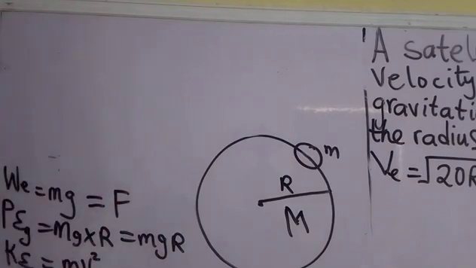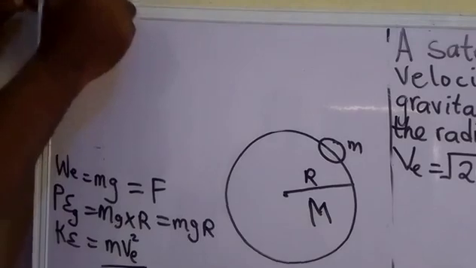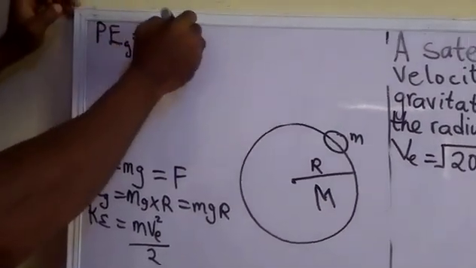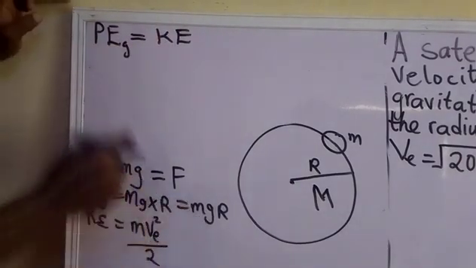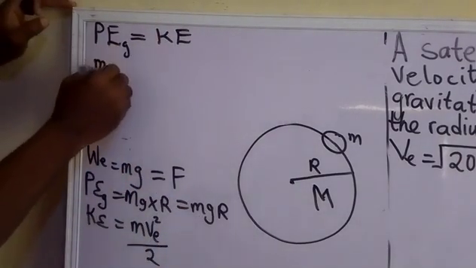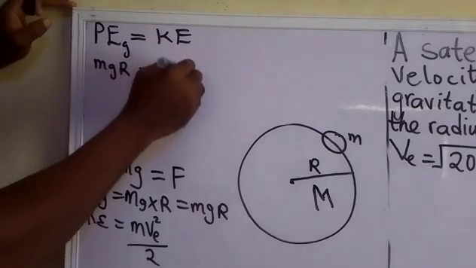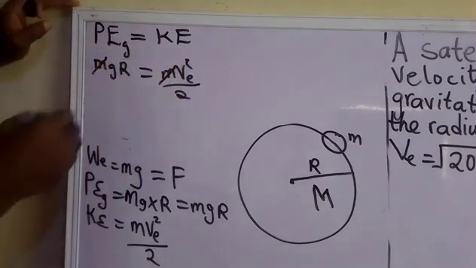That said, the total energy of the object has to be constant. That means potential energy must be equal to the kinetic energy. Now, what is the potential energy from here? mgR equal to m v_e squared upon 2. This m will cancel this m.